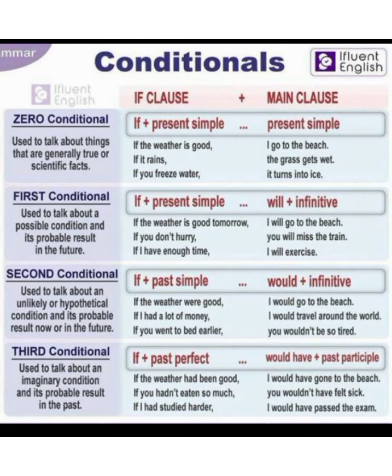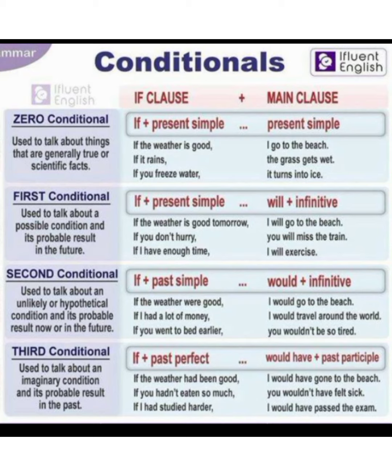Then children, the next topic is conditionals. There are different types of conditionals, like zero conditional, first conditional, second conditional and third conditional. Zero conditional is used to talk about things that are generally true or scientific facts.